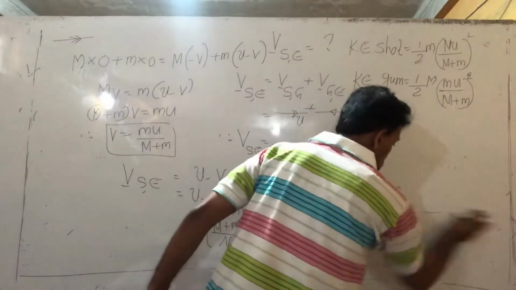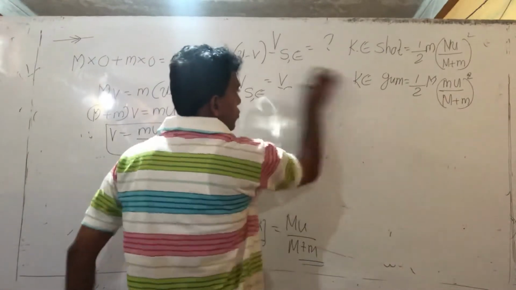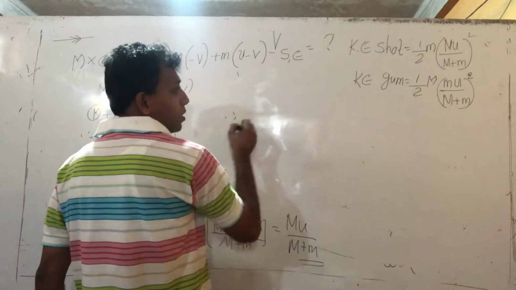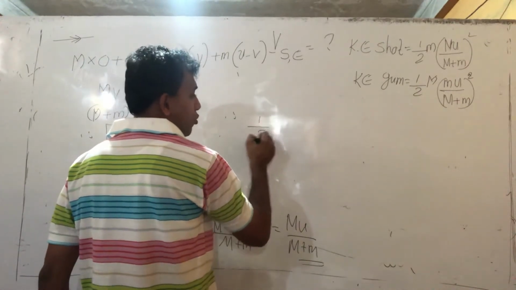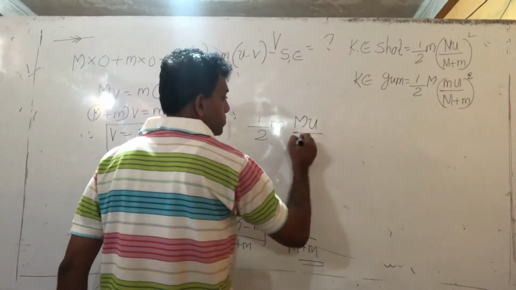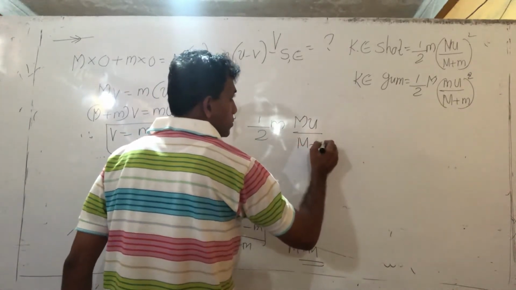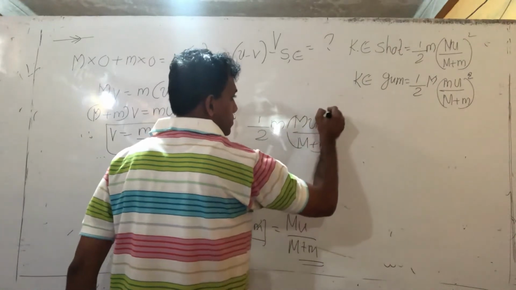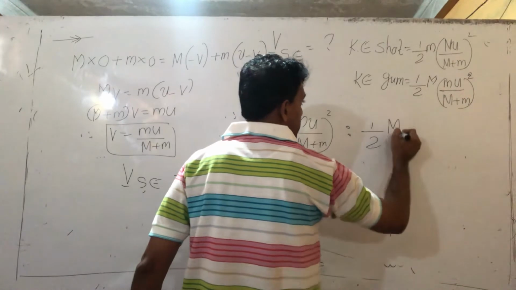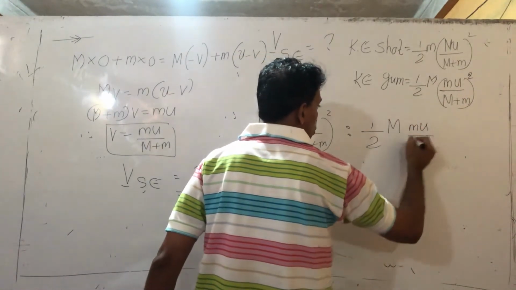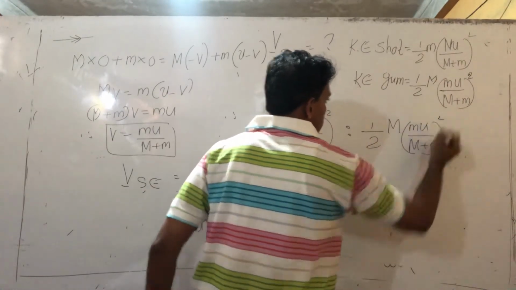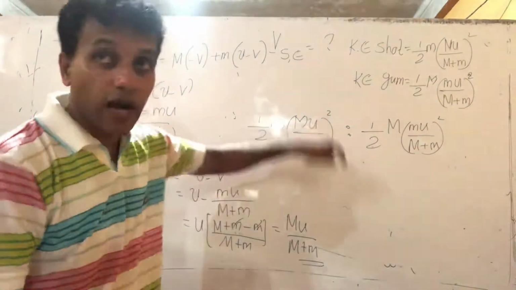Therefore, in ratio form, half into small m into capital mu over capital M plus small m square is to half into capital M small mu over capital M plus small m square. Okay, right? This is for the shot, that's for the gun.